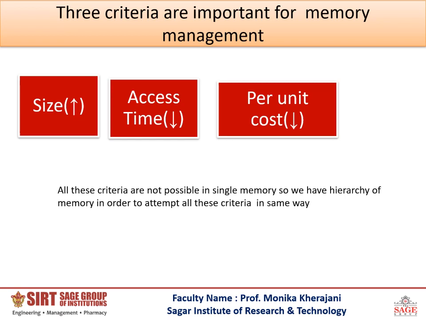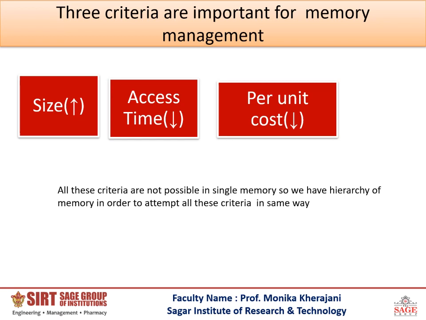Now, for managing memory, there are three important criteria that are always considered. The first criterion is that the size of memory should be large enough so that we can store the maximum amount of data in the main memory. And the accessing time should always be minimum.